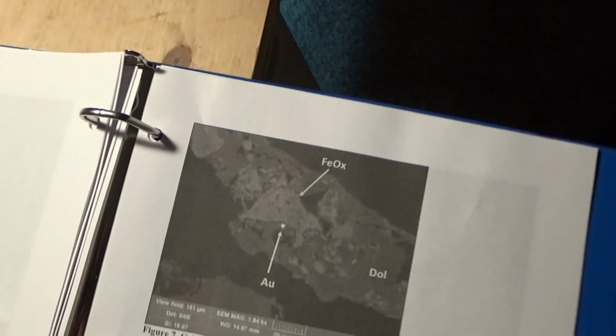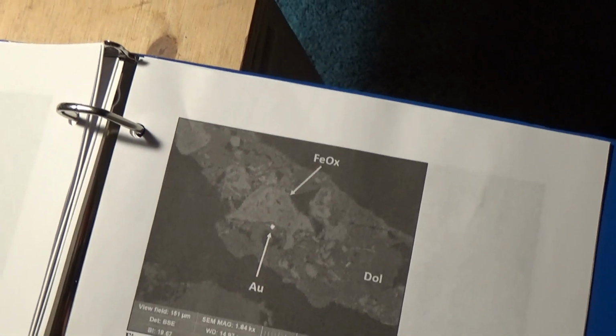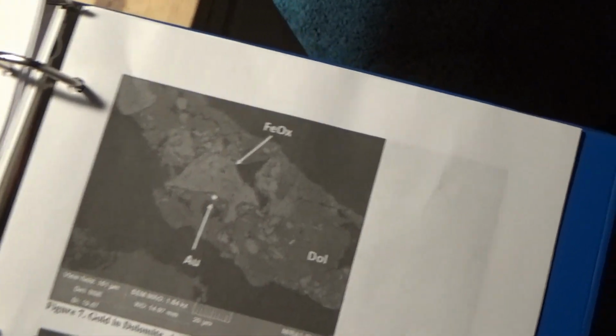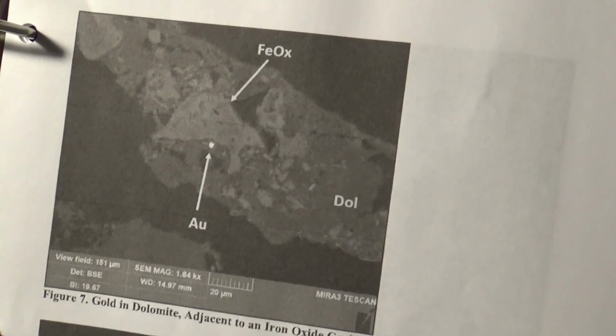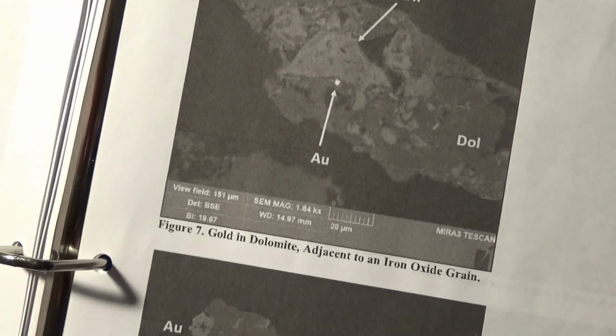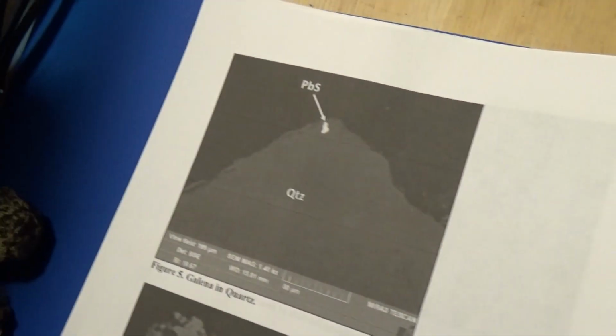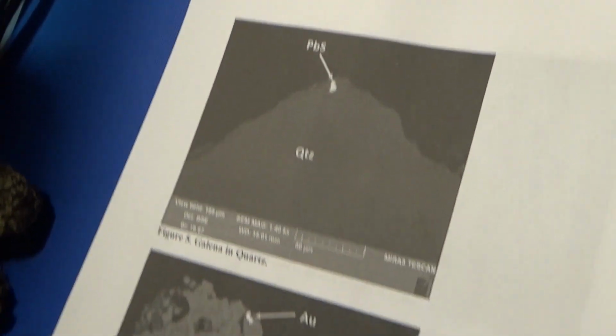Here's actually some pictures. This is iron oxide. There's a little gold particle there. And dolomite over here. Quartz, lead sulfide.